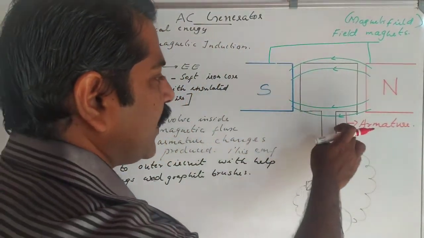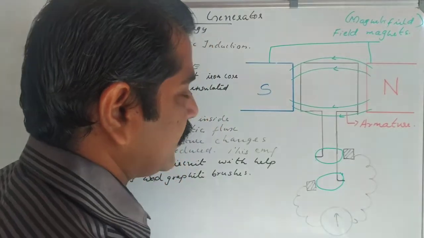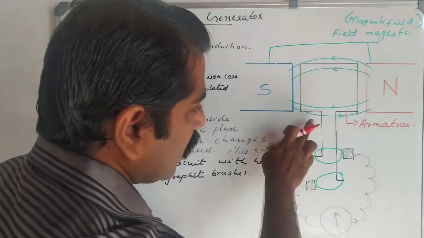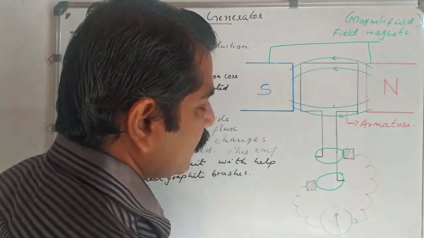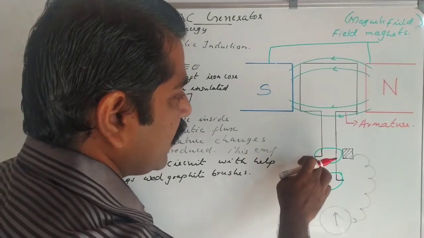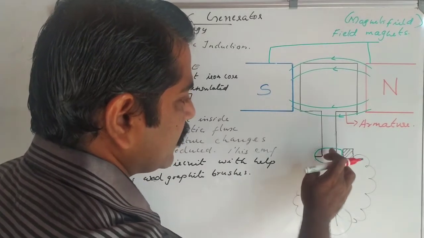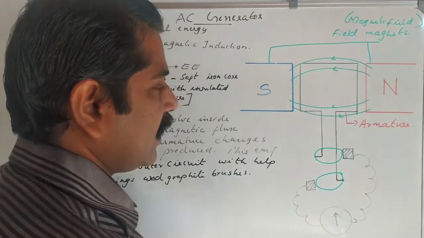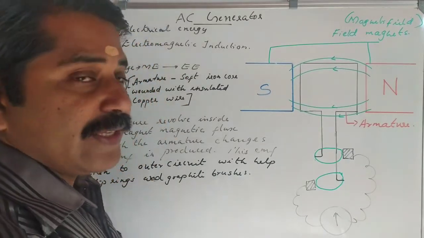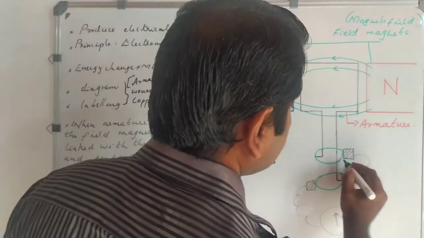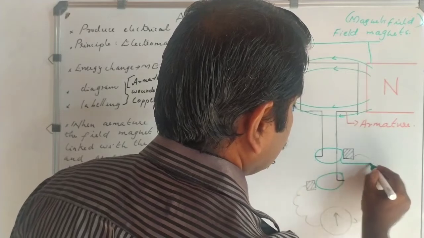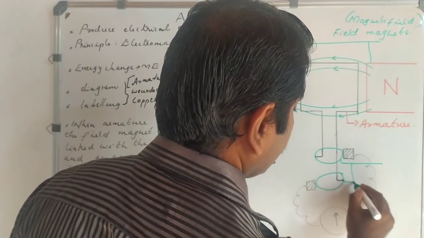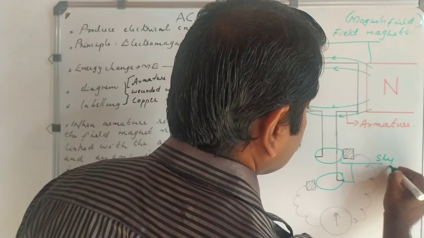And these are the two ends of that wound conductor. What I told you, one is shorter and one is longer. Both ends will be connected with two metallic rings. These two metallic rings are known as slip rings.